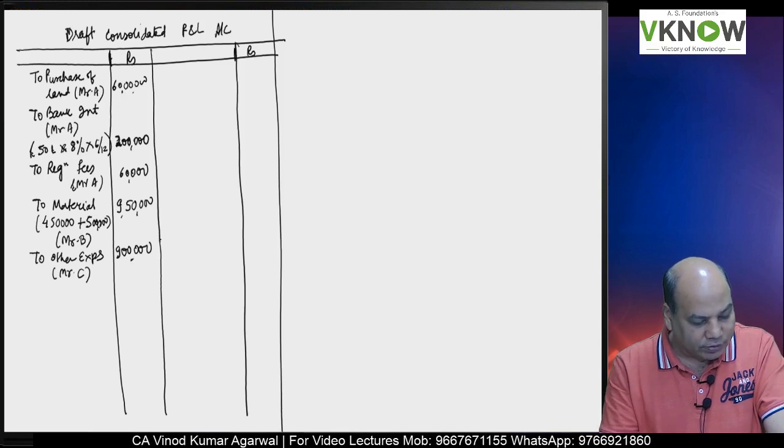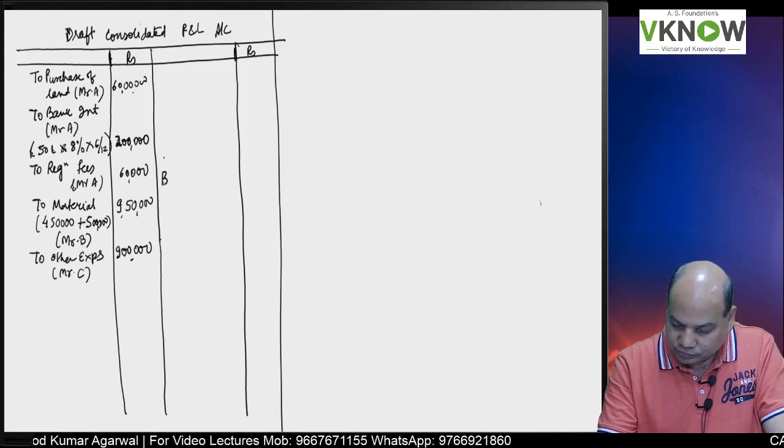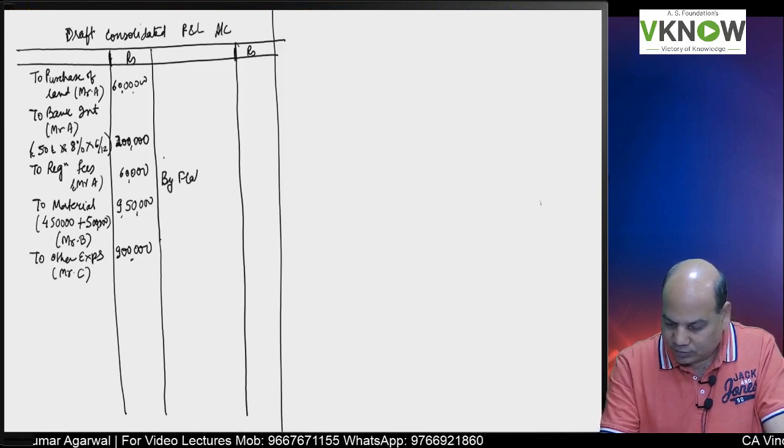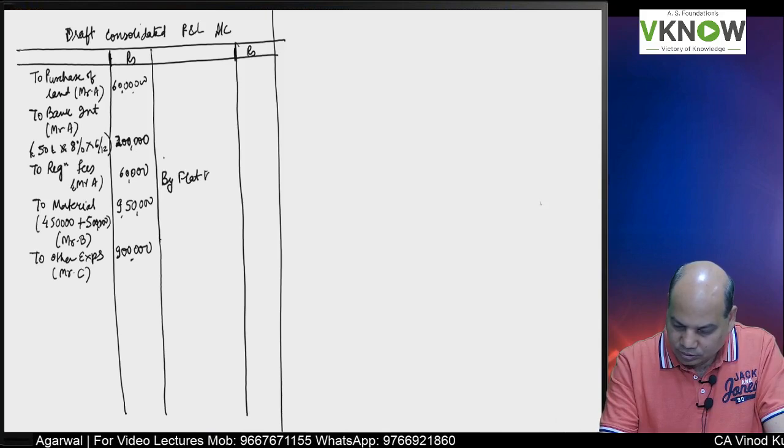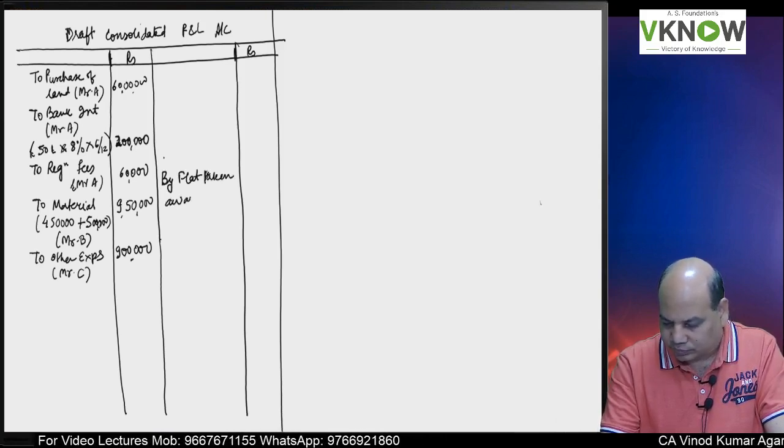Now it says on 30th June each of the venturers agreed to take away one flat to be valued at 10 lakh each. So you will write by flats taken away by venturers.